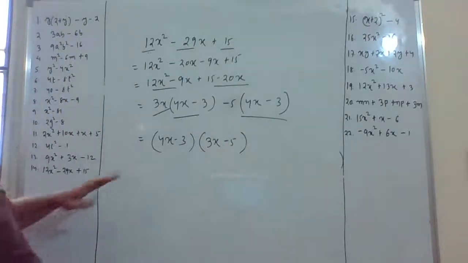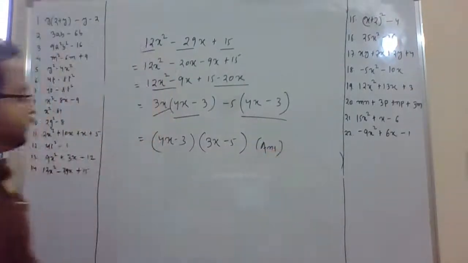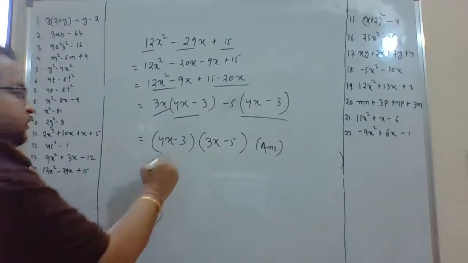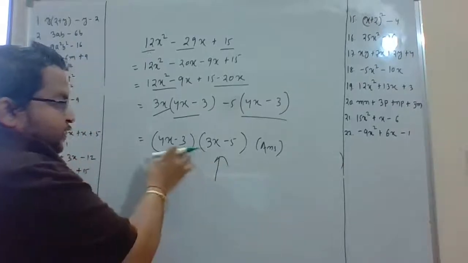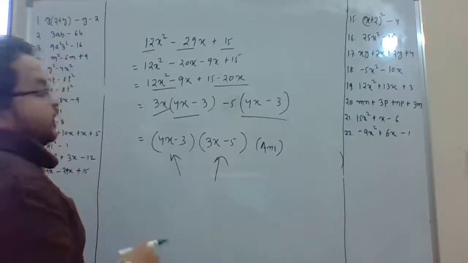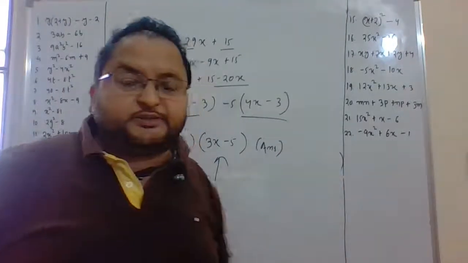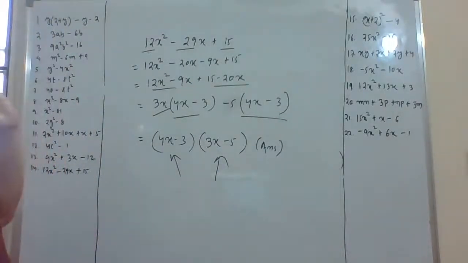So I have factorized it as 4x minus 3 into 3x minus 5. So I got factor 1, I got factor 2, because they are multiplications. And the highest power of x is 1 in each of these factors. So obviously this is the fully factorized form of the given expression.